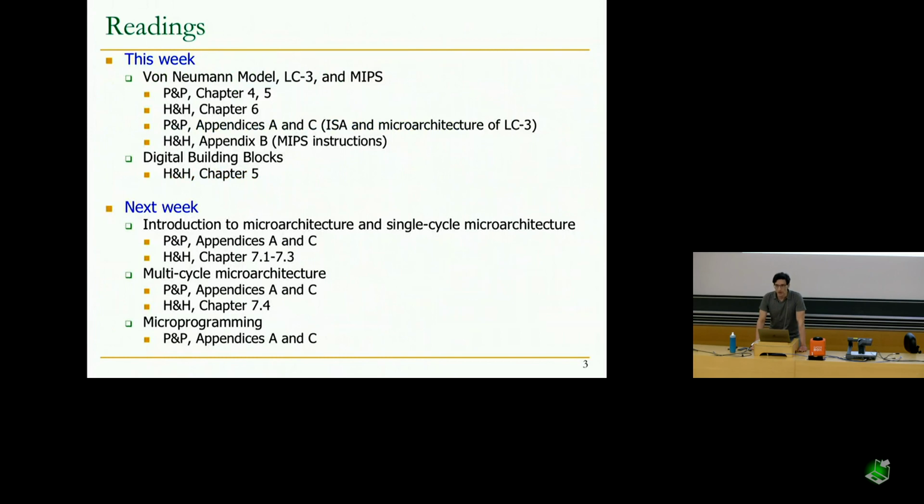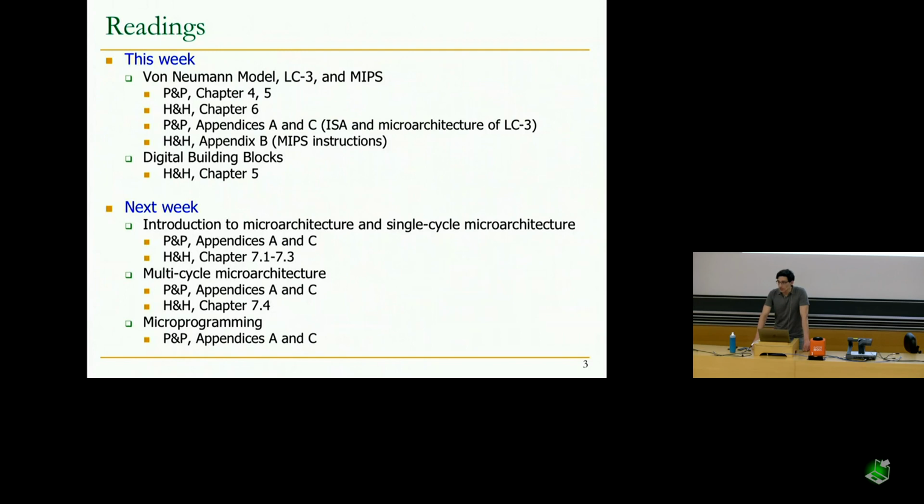For this week, it is essential to read chapters 4 and 5 in Patt and Patel, where you will find the von Neumann model and the LC3 architecture. And it will also be very good to read chapter 6 in Harris and Harris, where the MIPS instruction set architecture is explained. You will also find very useful the appendices in Patt and Patel, A and C, especially Appendix A for today's lecture and for tomorrow's lecture.